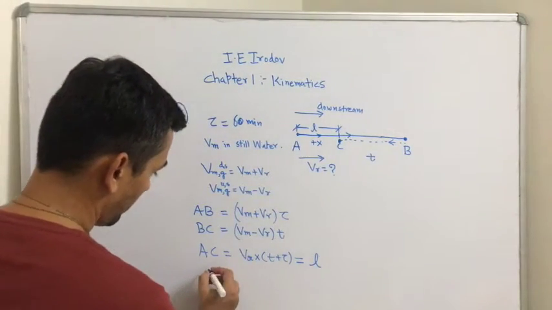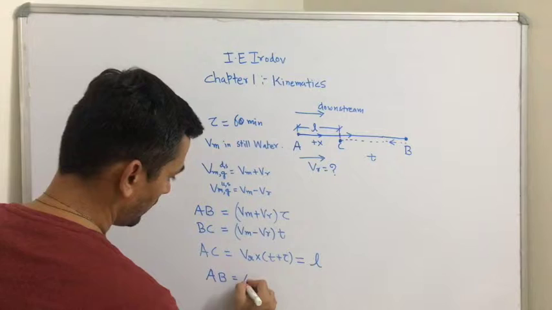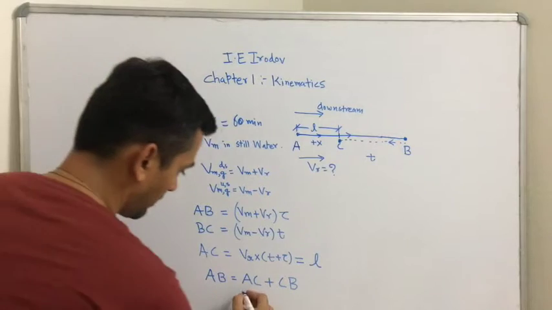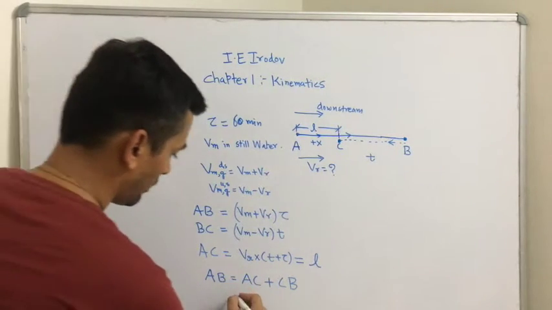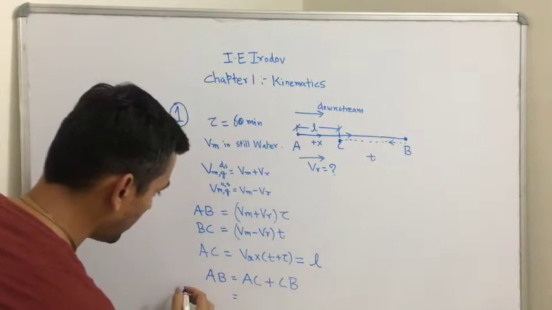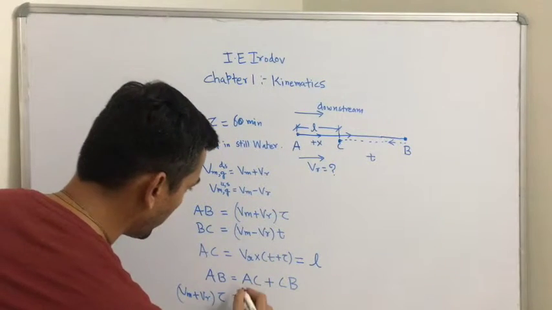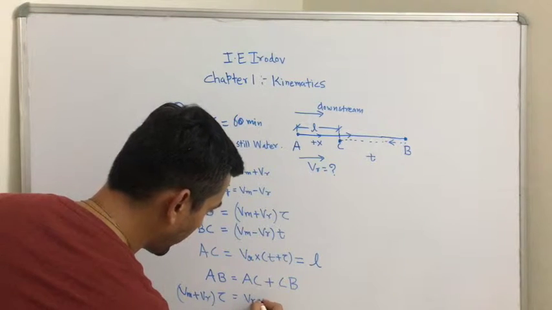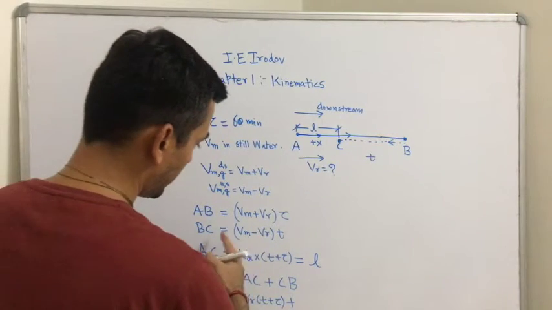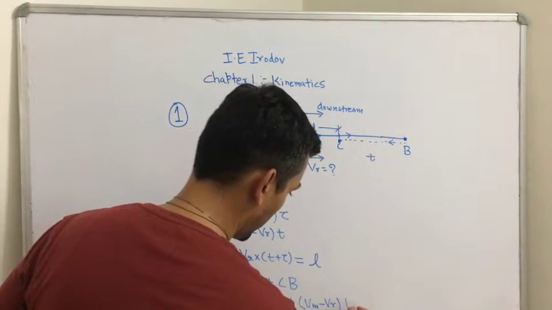Now I know that AB is equal to AC plus CB. So AB is equal to (Vm plus Vr) into tau, is equal to AC, which is Vr (t plus tau), plus CB. So BC is (Vm minus Vr) into time t.